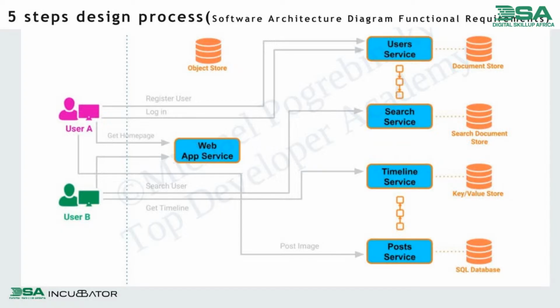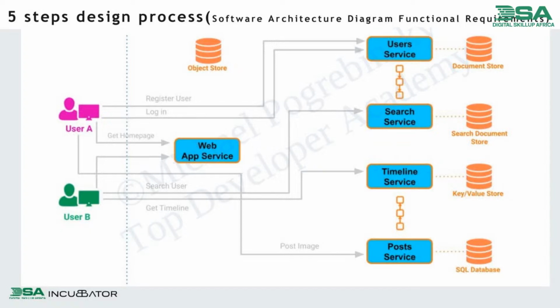So let's start with creating the web application service, because this one is the one that will handle the registration. It will handle both scenarios. When user A is registering, user A is the new user, it will definitely go to the web app service.